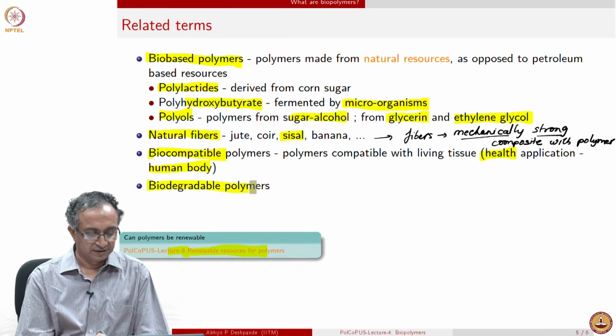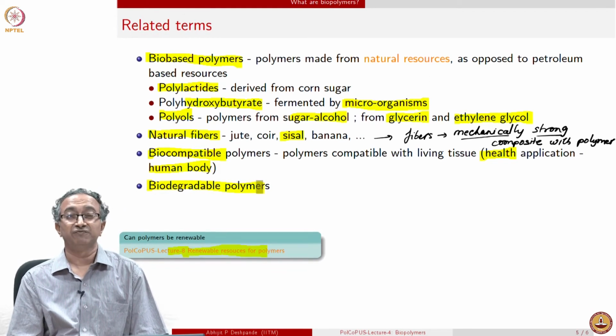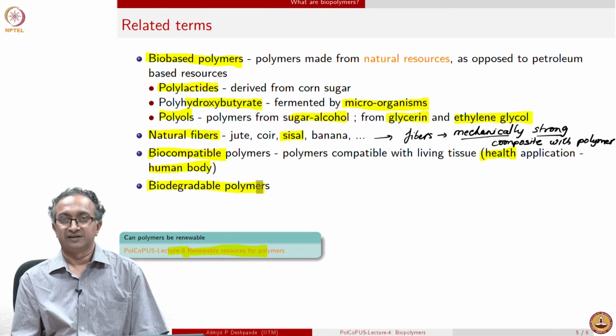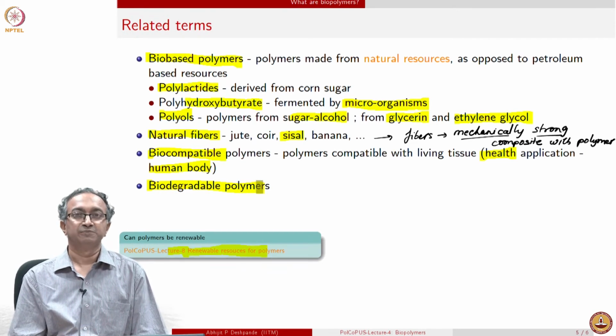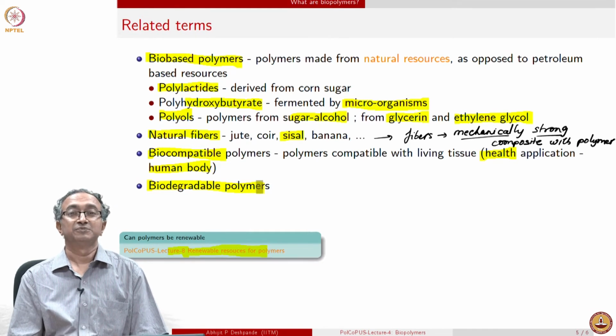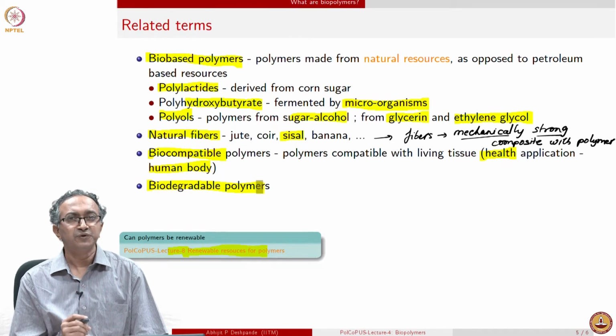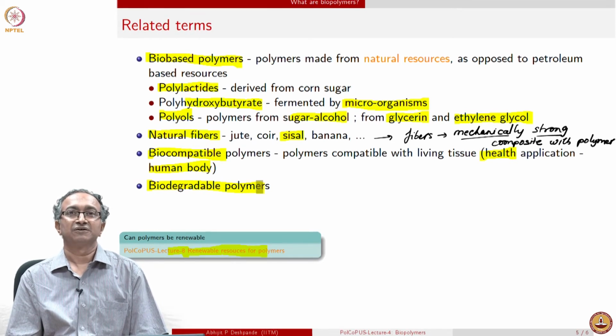An important set of polymers that we are looking for, to avoid the overall complication associated with waste accumulation, is biodegradable polymers. And here again, biodegradability does not imply that it is a natural polymer. Many synthetic polymers can also be made to be biodegradable. In fact, you will be surprised to know that there are some natural polymers which are not as easy to biodegrade. Within the natural world also there are a few select polymers for which the time required for degradation is much longer than many other polymers.